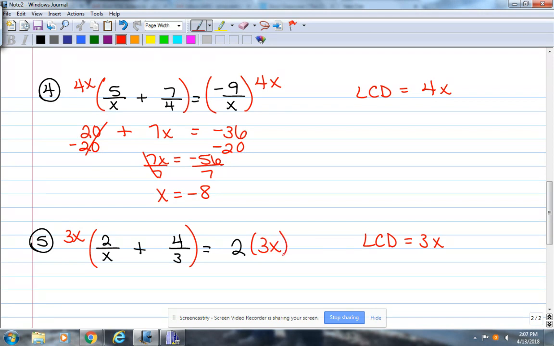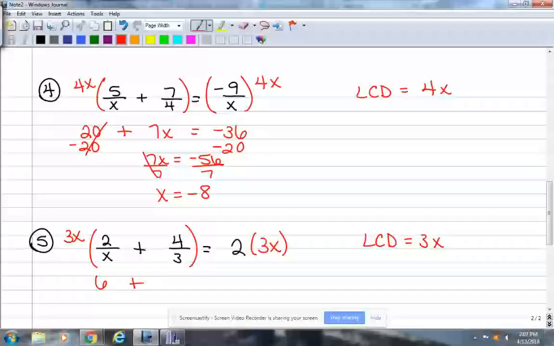And if it already has that part of the denominator, then you multiply the numerator times the other part. So this first fraction already has an x, so it needs the what? 3. What is 3 times 2? 6. So that one's going to be 6. Copy your plus.